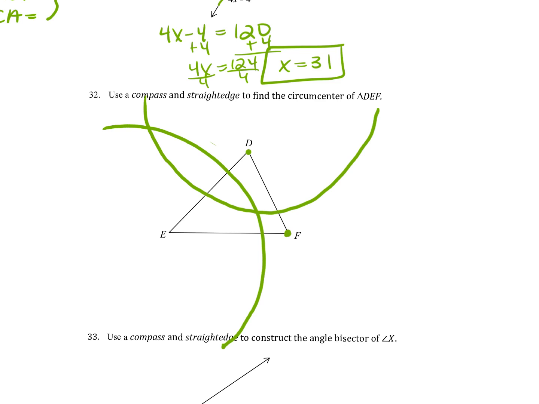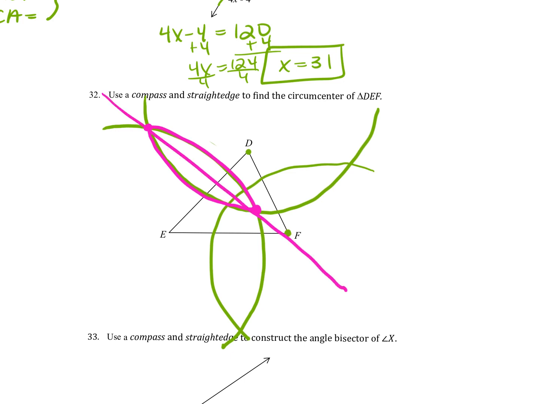So then from F, you're going to do the same thing. Ugh, it's terrible. Okay, what you're trying to do is get a point and then follow that around to where it meets with the other side, okay? So there are 2 points that you're going to draw a straight line through. Then you're going to pick a point out here and follow that around to where they meet and draw that through.